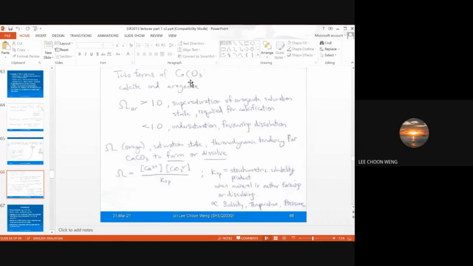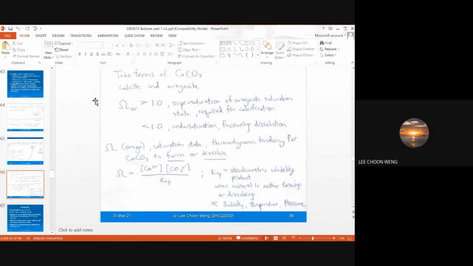There are two forms of calcium carbonate, calcite and aragonite. Aragonite is the more favorable form that is favored by organisms. In marine chemistry, they use the omega or saturation state to determine the thermodynamic tendency for calcium carbonate to form or dissolve.